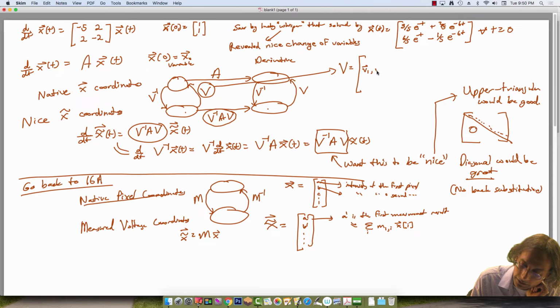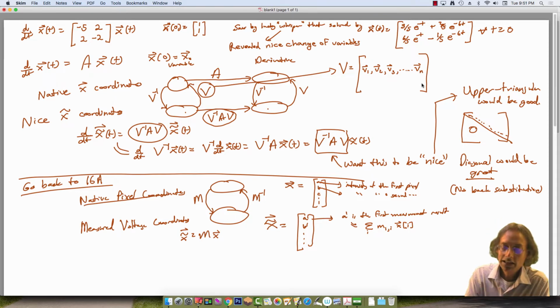There's V1, there's V2, there's V3, and so on. Lots of V's. Say there's n of them. I want to think about these vectors as meaning something. These vectors tell me how I can view something that's in x tilde coordinates back in x coordinates.